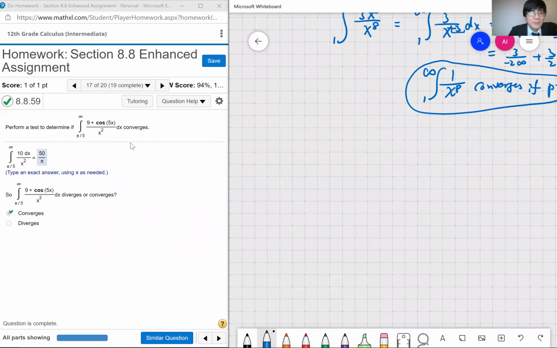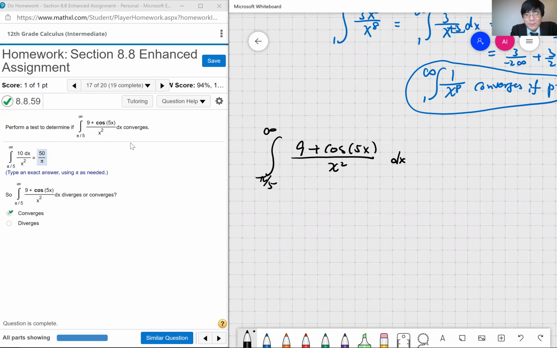Okay, next one. This is also a complicated one because you have cosine divided by the quadratic. Okay, that's really complicated. So you are going to compare this one with something which is easy to integrate.